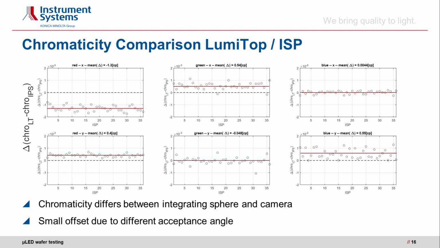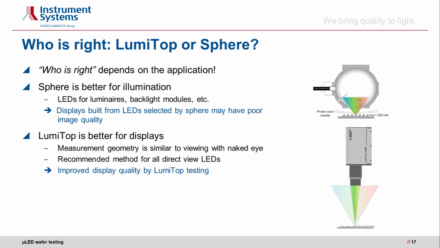But there is an offset for each of these measurements, simply due to the different acceptance angle received by the camera or by the integrating sphere.